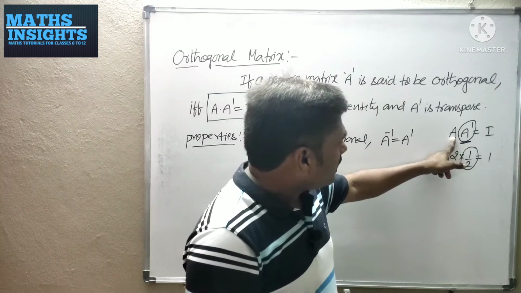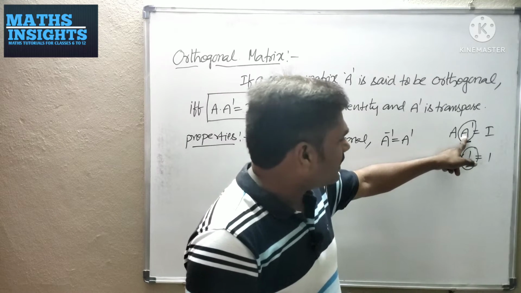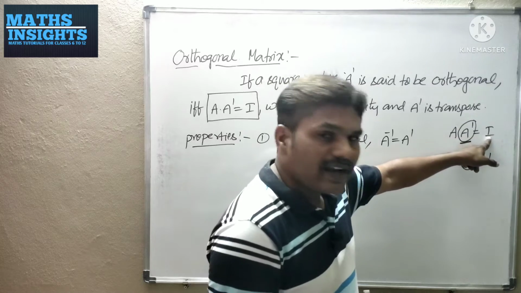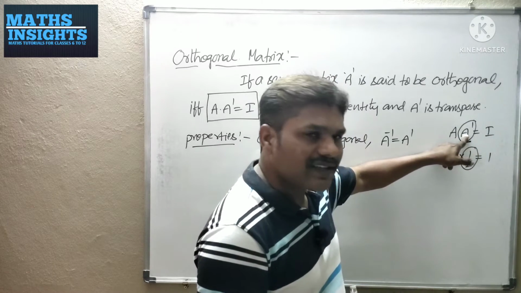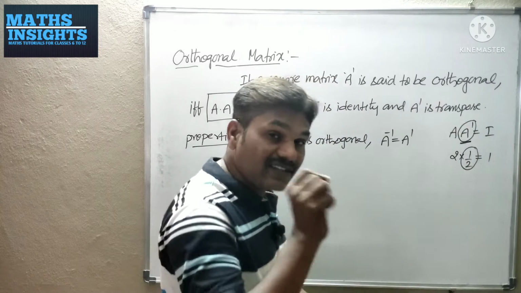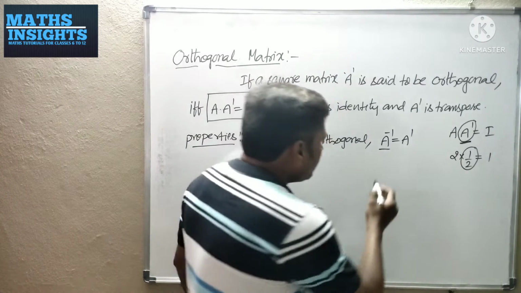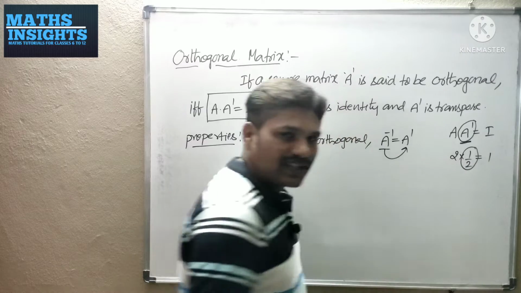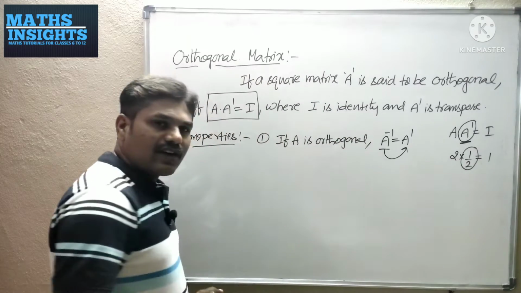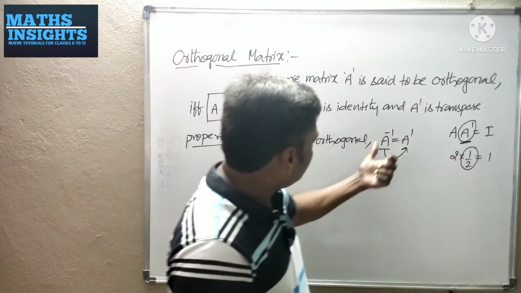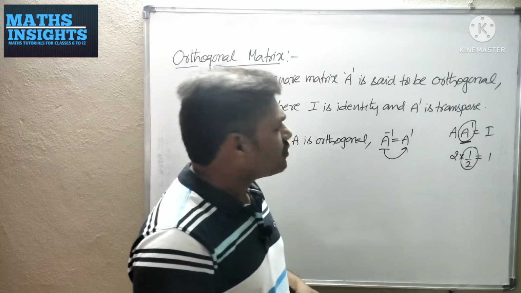You are multiplying A with another matrix, let it be the transpose, and you are getting the identity matrix. This matrix is called transpose, this matrix is called inverse. Inverse is written as A inverse. Therefore, A inverse is equal to A dash. Then A is orthogonal. Otherwise, if A is orthogonal, then A inverse is equal to A dash.